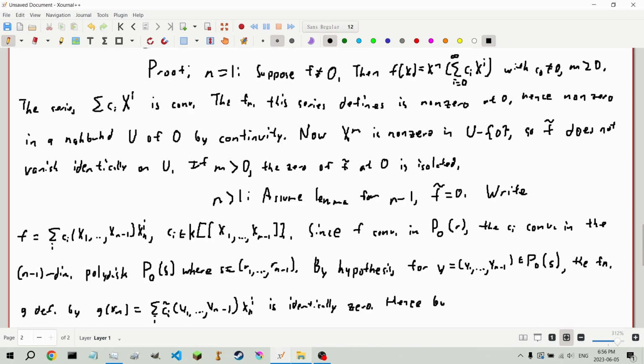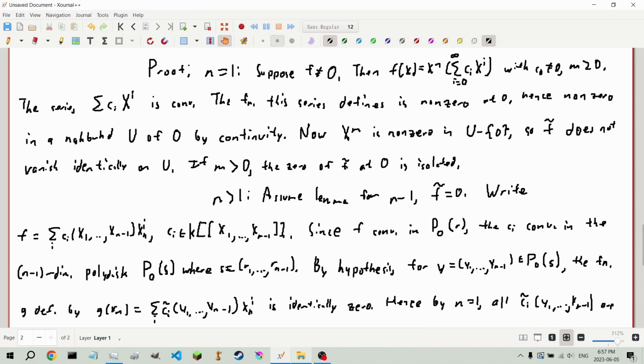Hence, by the case n equals 1, by induction, all c_i tilde of y1 through y_{n-1} are going to be 0.